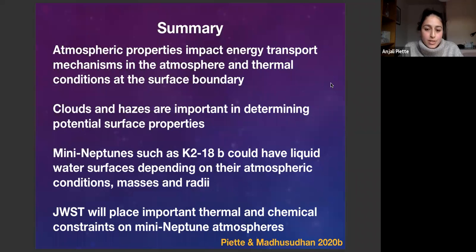And mini-Neptunes such as K2-18b, which could have surfaces at relatively low pressures, could have conditions conducive for liquid water surfaces, depending on their atmospheric conditions and their internal structures. And finally, James Webb will place really interesting constraints on both the chemistry of the warmer mini-Neptunes and also the thermal properties of a whole range of different mini-Neptunes. So lots to look forward to.